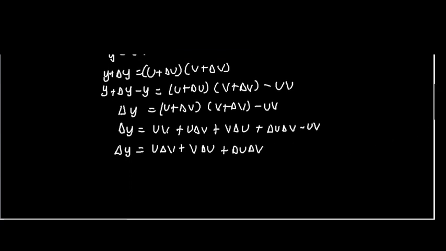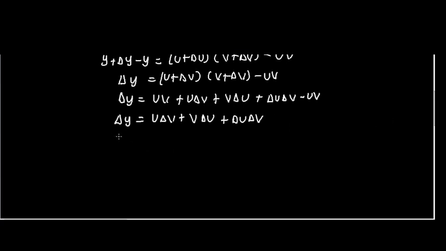After simplifying that, from first principles we can divide through by the change in x. So we shall have change in y divided by change in x on this side, and the whole of the other side divided through by the change in x. At this point we can take the limits, and we know that dy/dx is given by the limit of change in y over change in x.